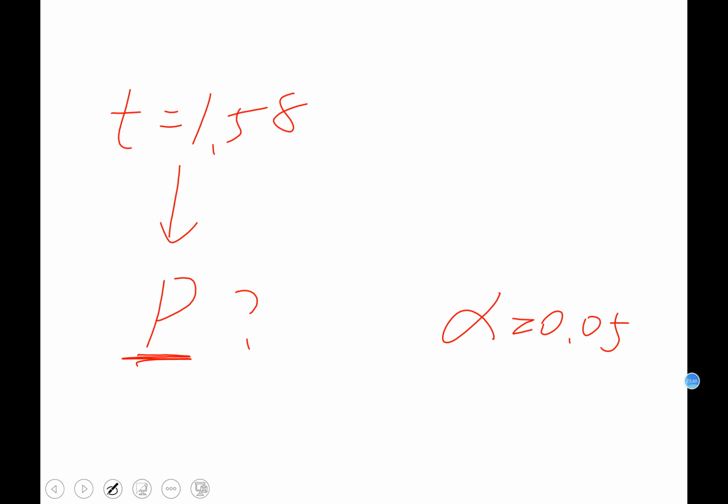We want to know if P is bigger than, less than, or equal to alpha, right? But if P is unknown, we cannot do the comparison, right?